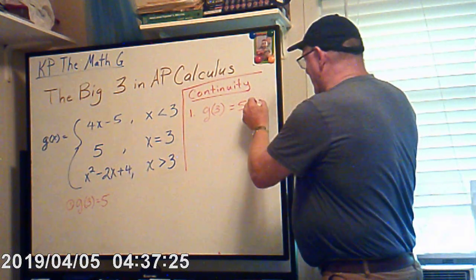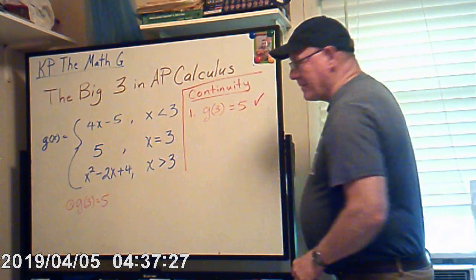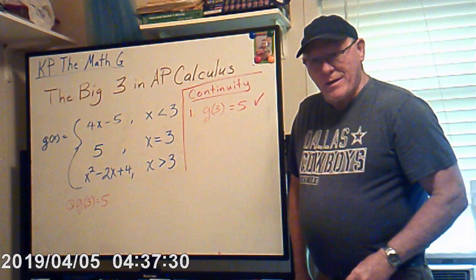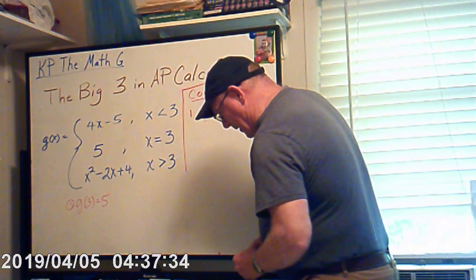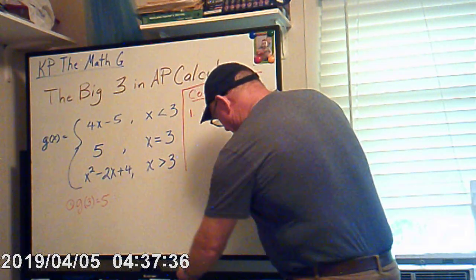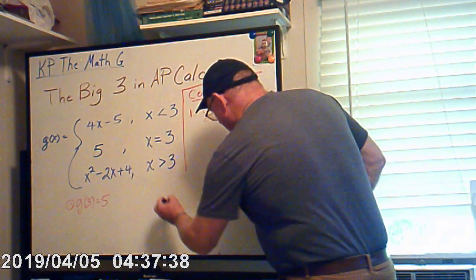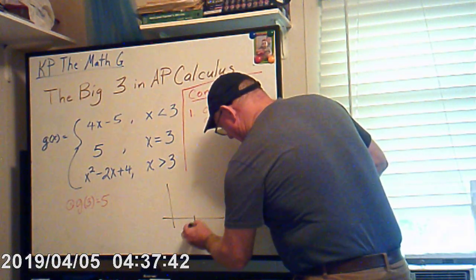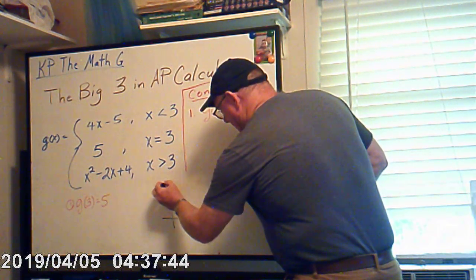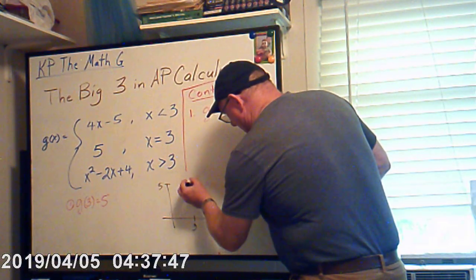Yes, it does exist. Okay, so we put a check by that. What that simply means, boys and girls, ladies and gentlemen, is that at 3, we go up to 5, and there's a point there.